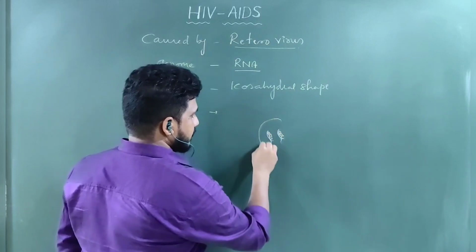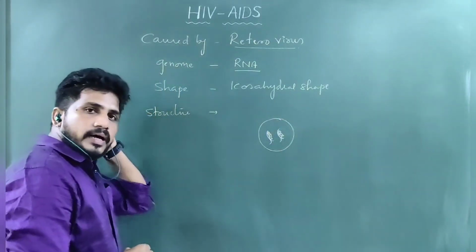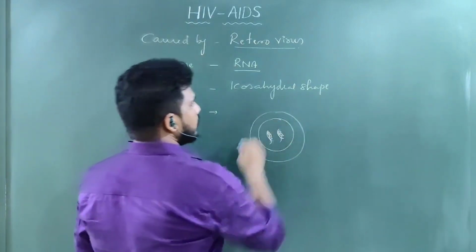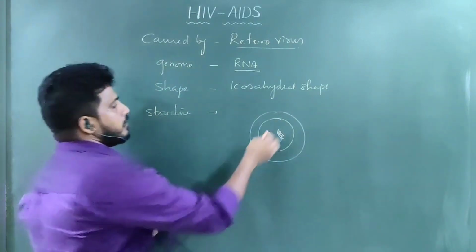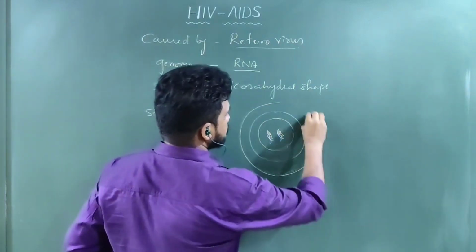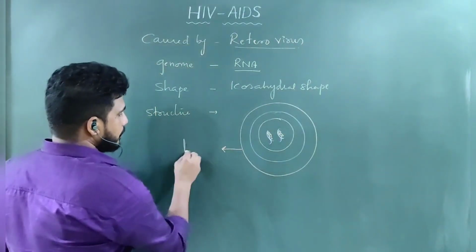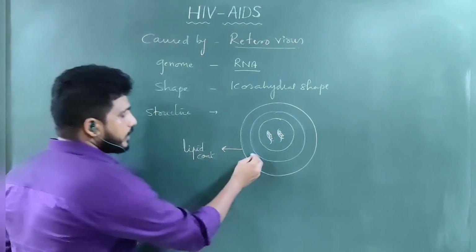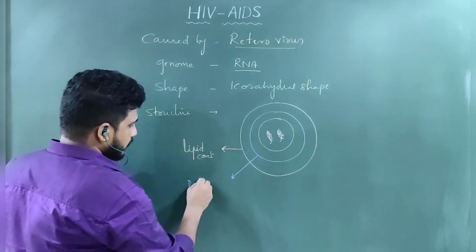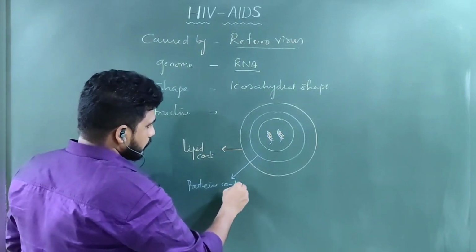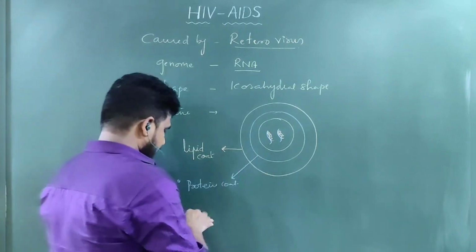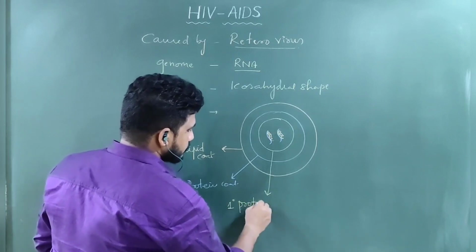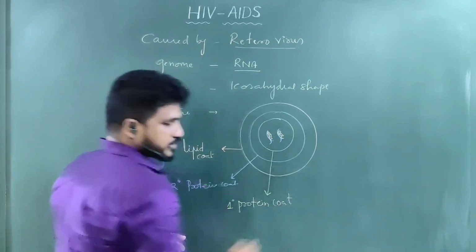This structure is covered by a protein coat, and the entire structure is covered by another protein coat, and this complex structure is covered by a lipid coat. This is the lipid coat, and this is the secondary protein coat. Inside that, the primary protein coat is there. So there is too much protection, very tough.